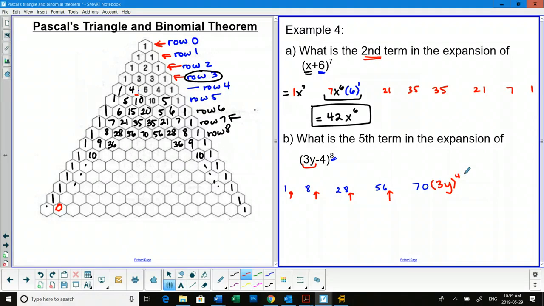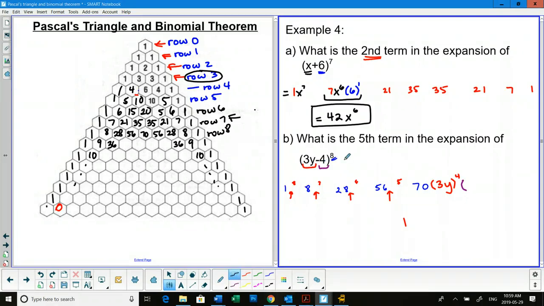Okay? If you want, of course, you can write out all the terms, but I think we can just count down without having to write the value out every single time. So again, I was starting with 3y to the 8, to the 7, to the 6, to the 5, and then I got to the 4, right? Again, we don't have to write it all out, but you can if you want to. And then what do I know about the term?